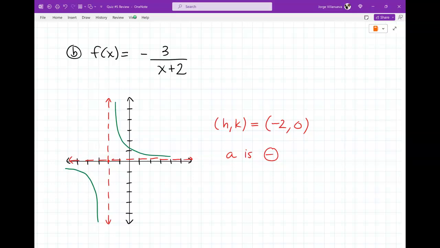But we're going to flip it since A is negative. So it's going to look like this and like this. And that's it. We're done. So we have 4 of these things, okay? There'll be 2 positive ones and 2 negative ones on your quiz, okay? I'll let you finish that up.